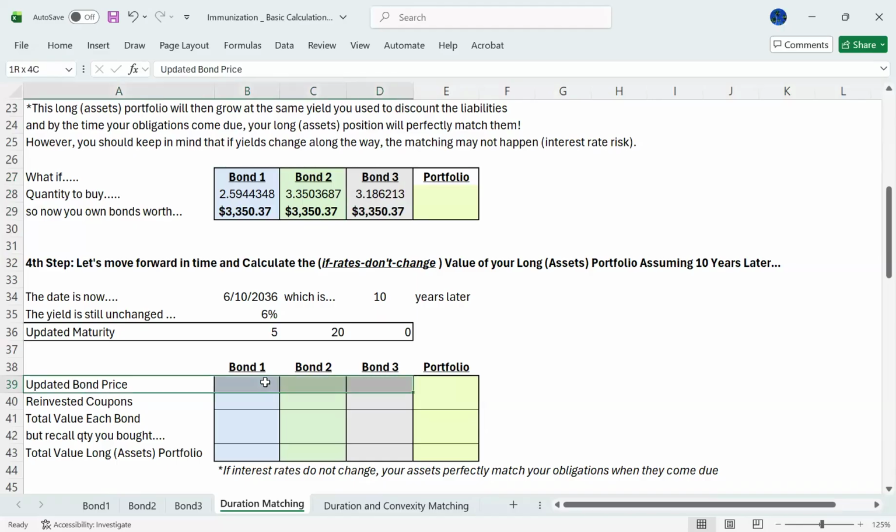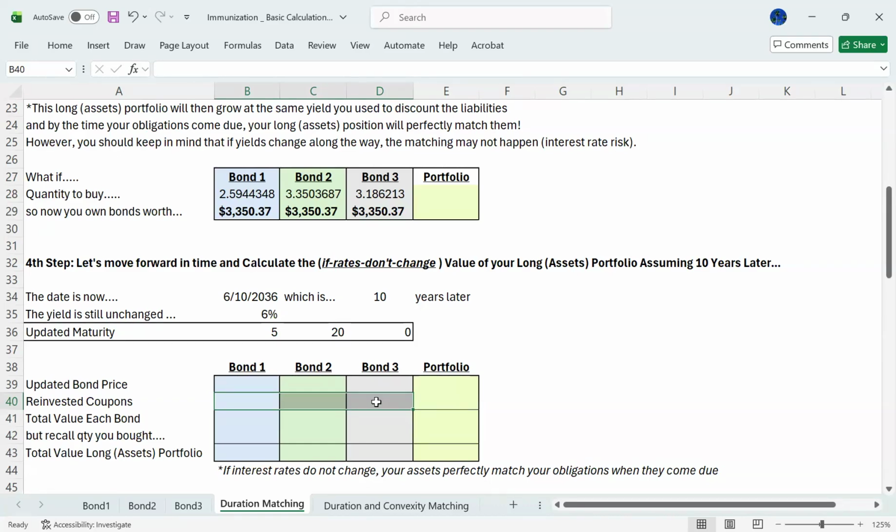The first component is that my bond on its own will have an updated value, which is likely going to be less because now it's a bond of a shorter maturity. So I will calculate the updated price of my bond here. The second is that if I invested in each of these bonds, I am getting their coupons, and I am reinvesting those coupons at the prevailing market yield, which is what I'm supposed to do.